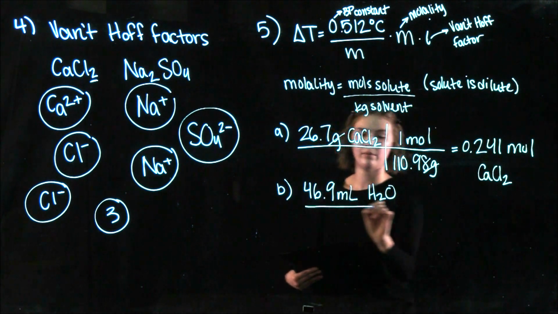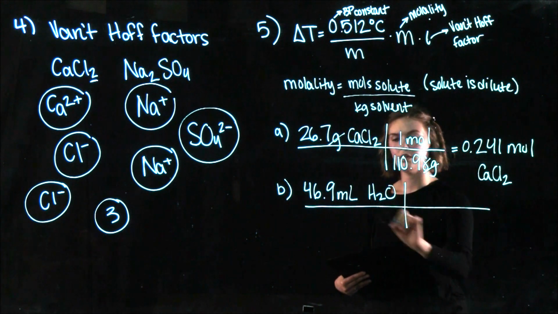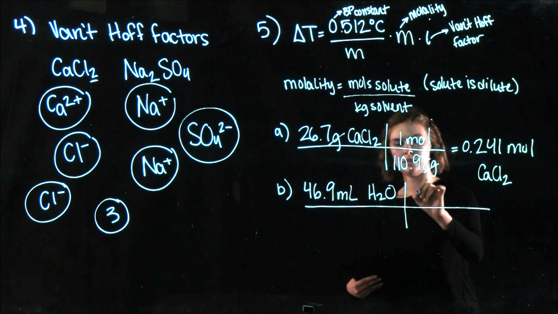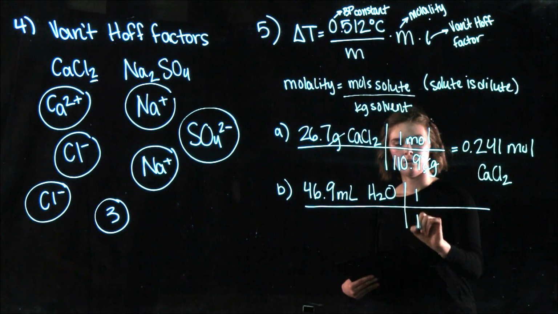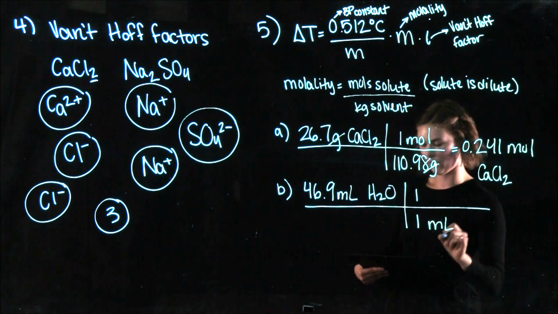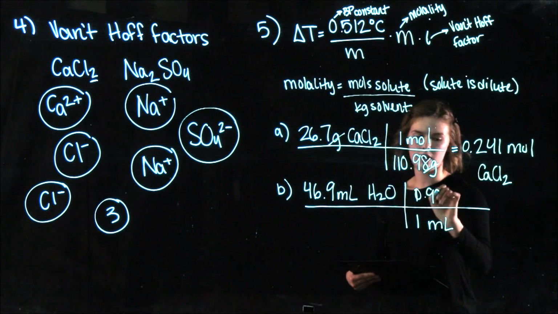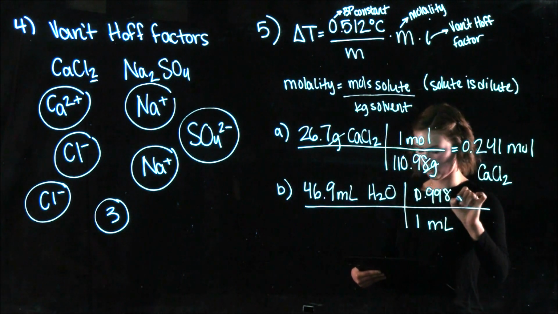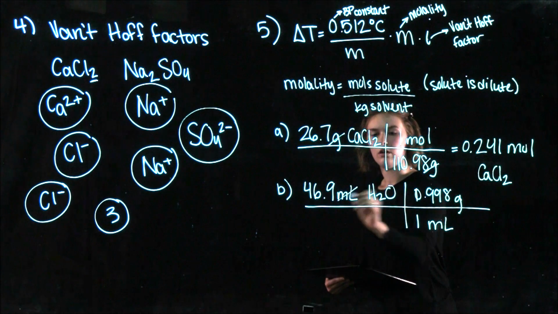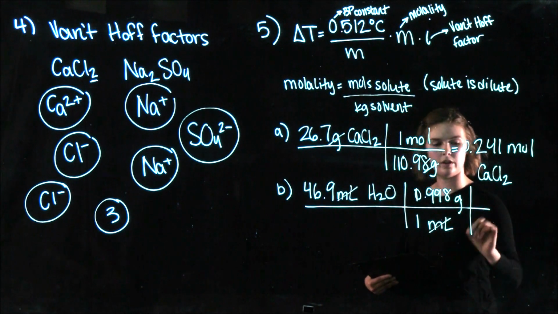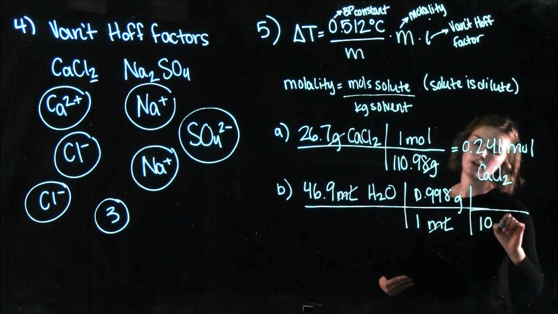So my first step, I'm going to convert to grams. So we'll say for every mL of water, I'm going to have 0.998 grams. So those cancel, then I'm going to convert to kilograms.